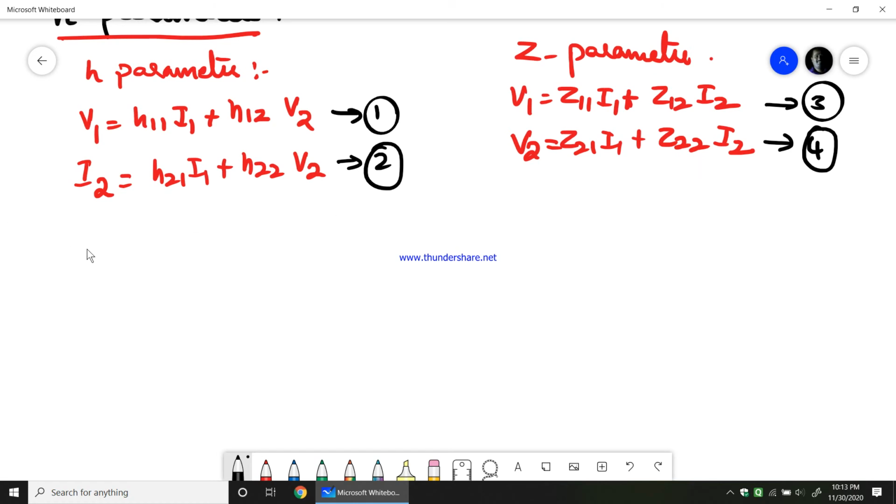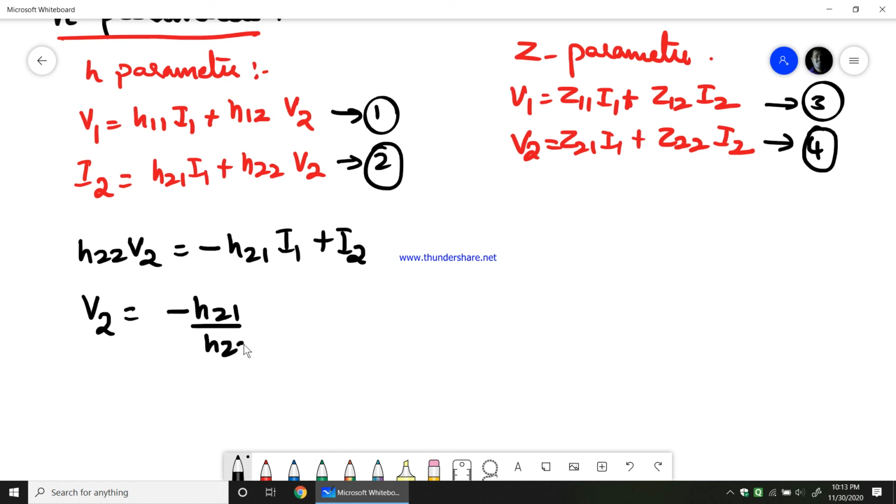So I'll keep H22 V2 on the left and take minus H21 I1 plus I2. So V2 would be equal to minus H21 by H22 I1 plus 1 over H22 I2. Let me take this as the fifth equation.